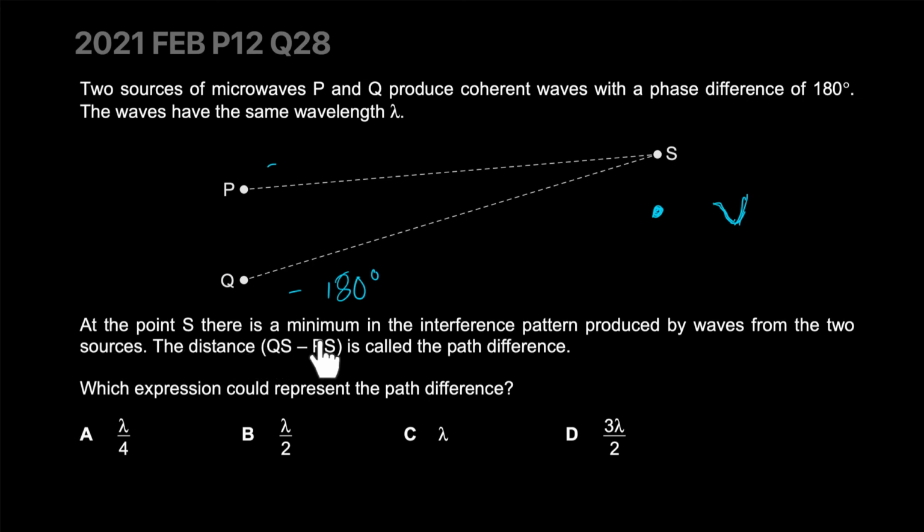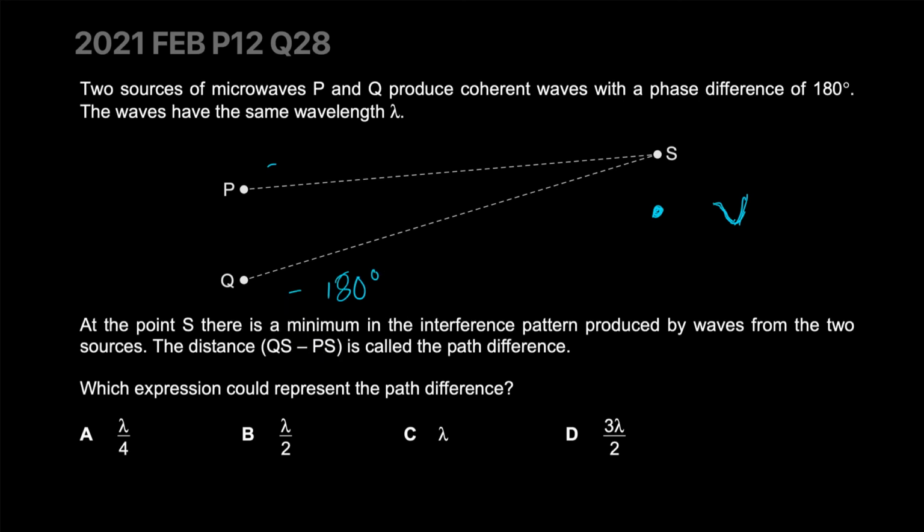At point S, there is a minimum. So over here, there's another minimum, right? For that to happen, it's confusing because they've changed the settings, and it's just the reverse that is happening.